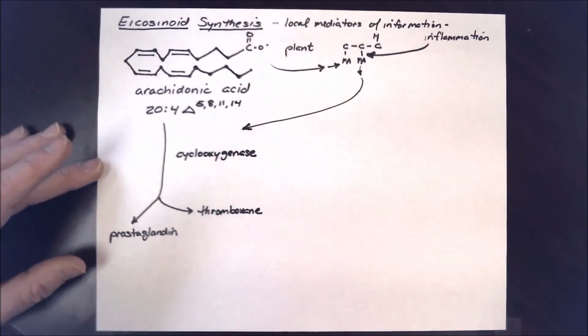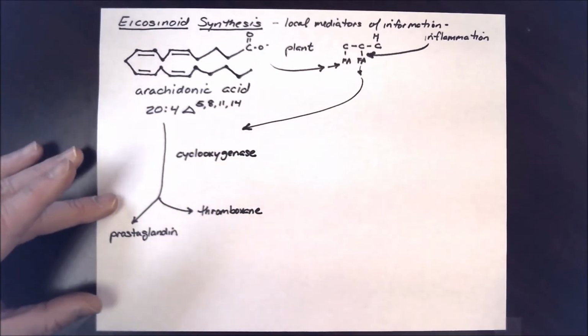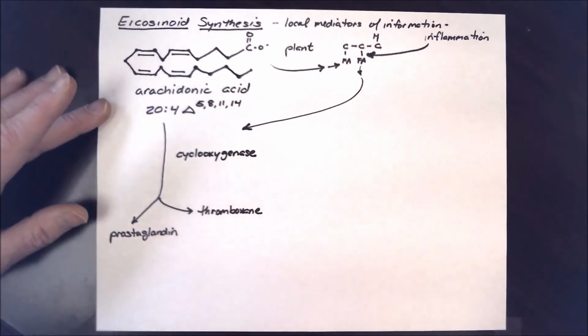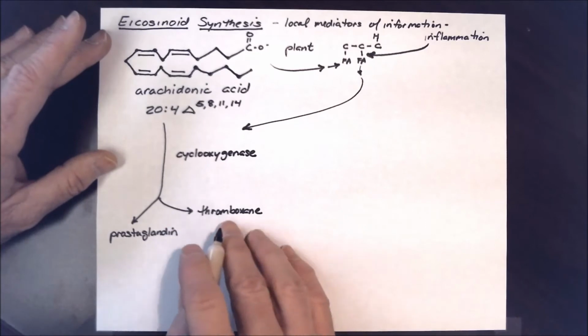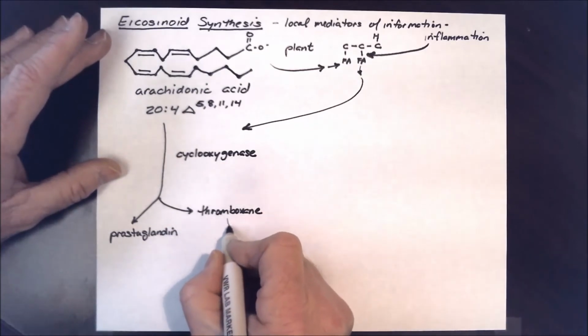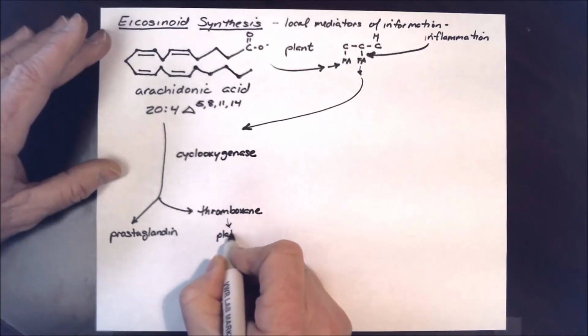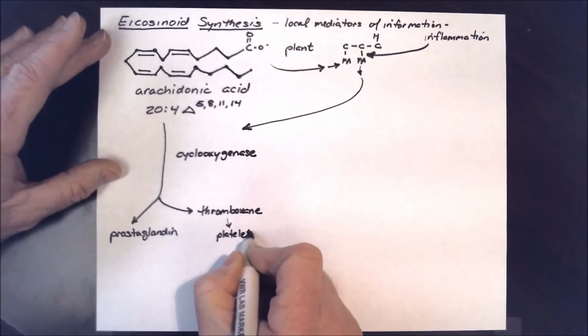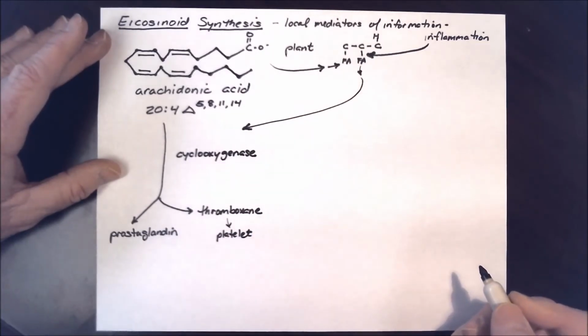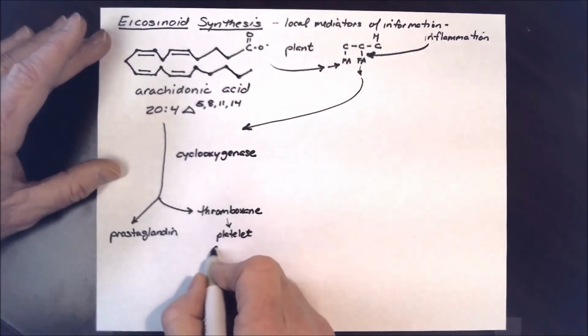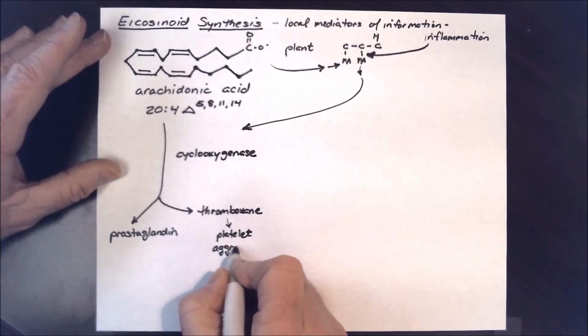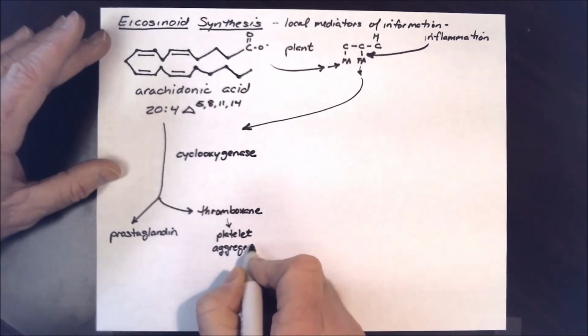And this enzyme converts arachidonic acid into prostaglandins and thromboxanes. And the thromboxane is involved in platelet activity. And what this primarily does is promote platelet aggregation.